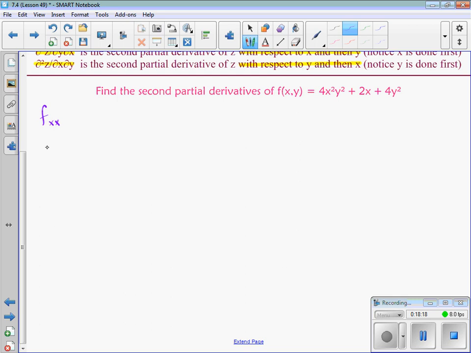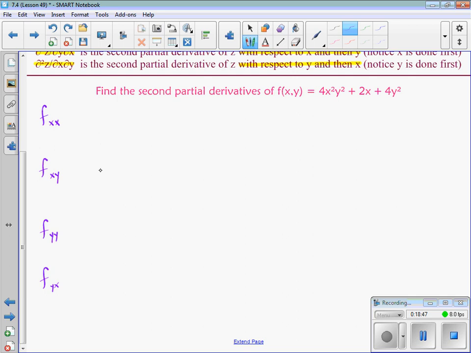Then the next one we would have to find would be xy or yy. It's up to you what order to go in. What's another one I need? yy. And the other one is? So xx, xy, yy, and yx.